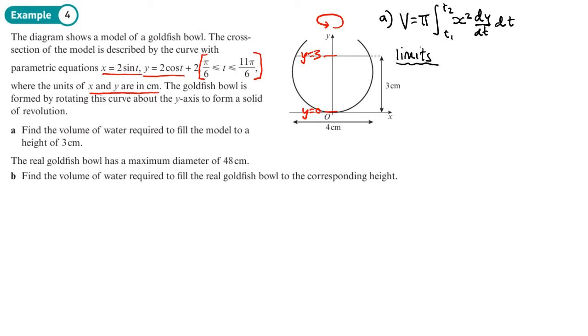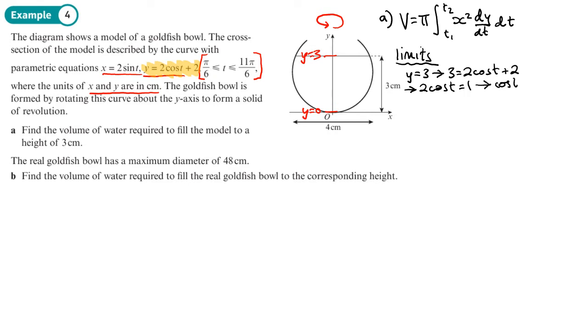Right, so let's start with my limits. We start with a y value of 3. That needs to go into the y part of the parametric equation. So when I do that, I will get 3 equals 2 cos t plus 2. We take 2 away from both sides, so we end up with 2 cos t equals 1.